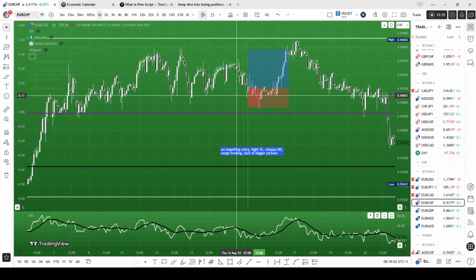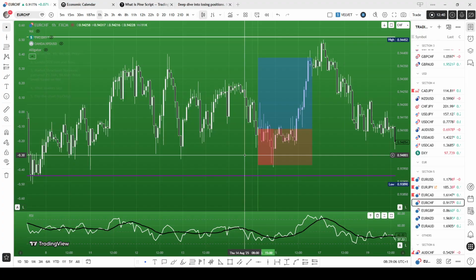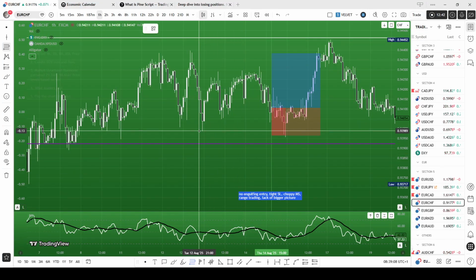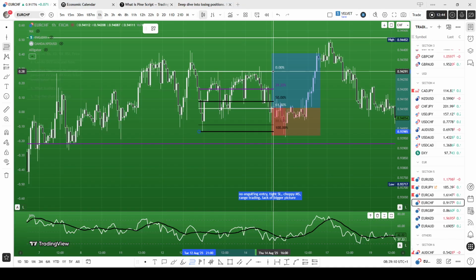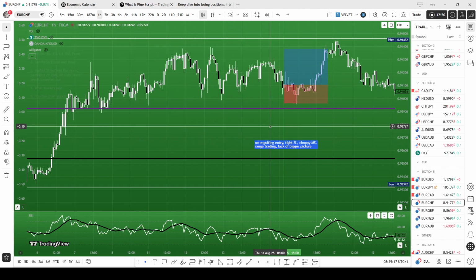But other than that, here it wasn't by any means a good entry. No fib. It was just a support resistance kind of trade.